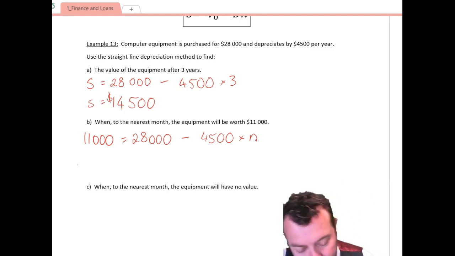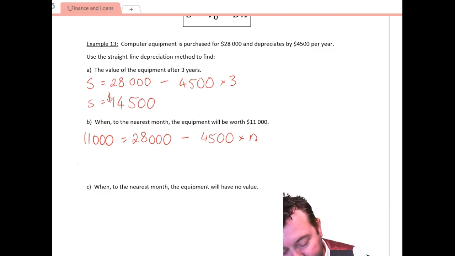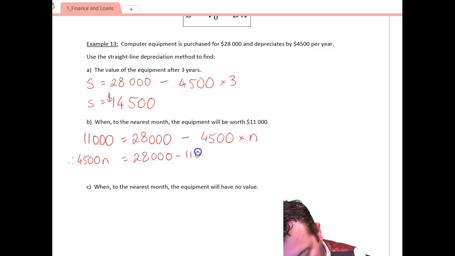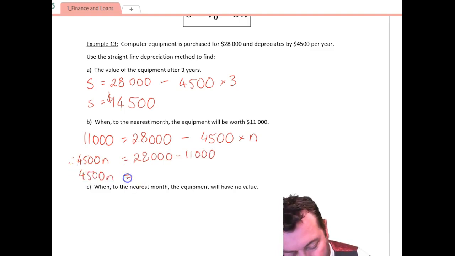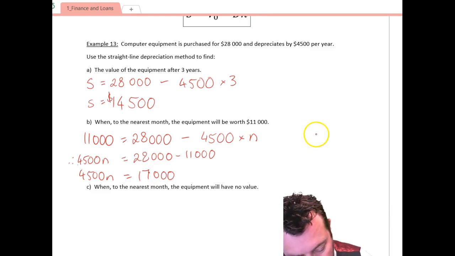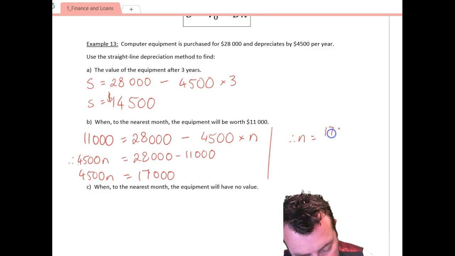I'm going to start by adding 4,500 n to both sides, and subtract 11,000 from both sides. That means 4,500 n is equal to 17,000. Therefore, n is equal to 17,000 over 4,500.